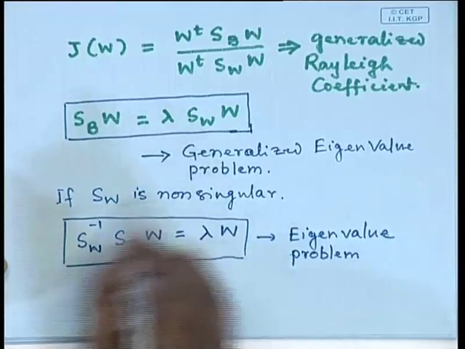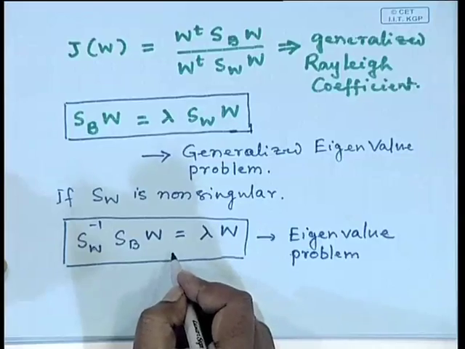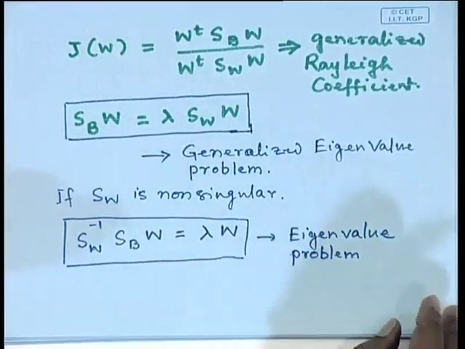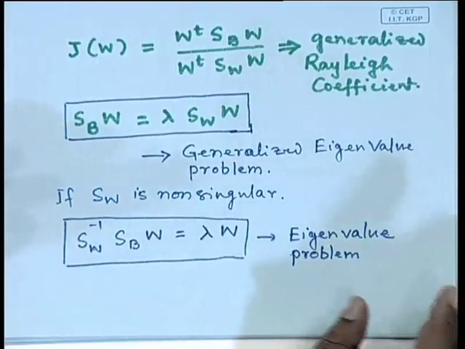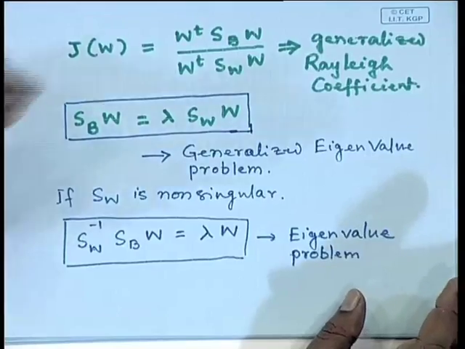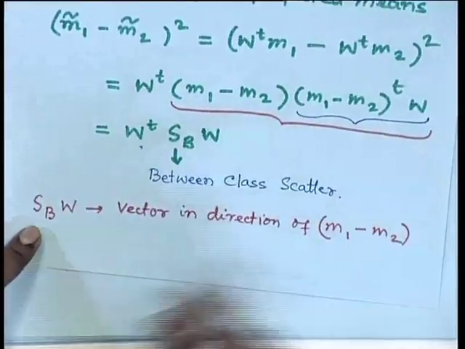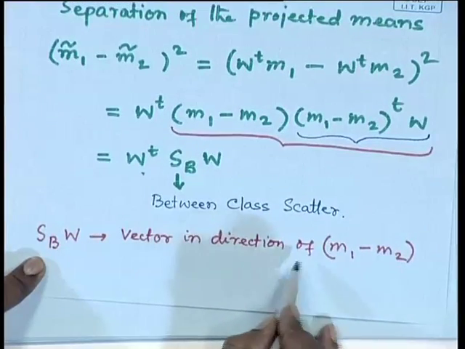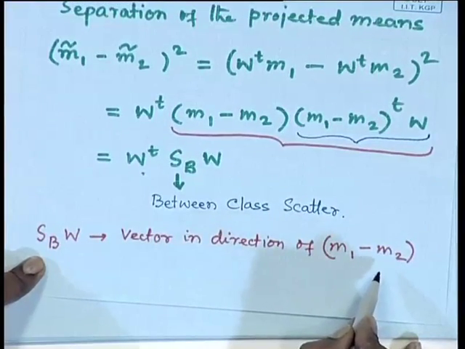Okay. But we can simplify our solution instead of trying to solve the eigenvalues and eigenvectors, simply because of the fact that S_B W, as we said, is a vector in the direction of M1 minus M2.